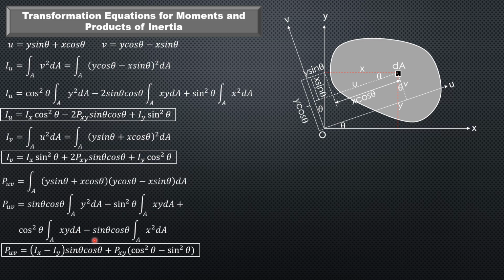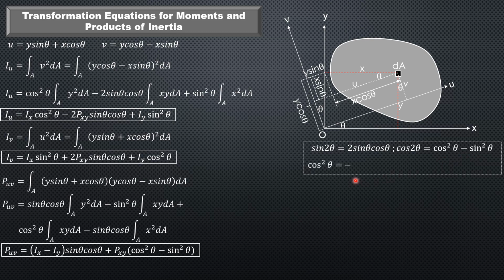Then using the trigonometric identities, sine 2 theta equals 2 sine theta cosine theta, cosine 2 theta is cosine squared theta minus sine squared theta, cosine squared theta is 1/2 of quantity 1 plus cosine 2 theta, and sine squared theta is 1/2 of quantity 1 minus cosine 2 theta.